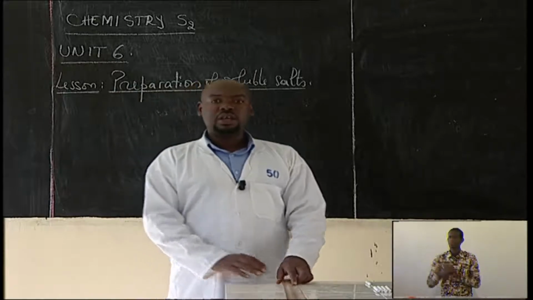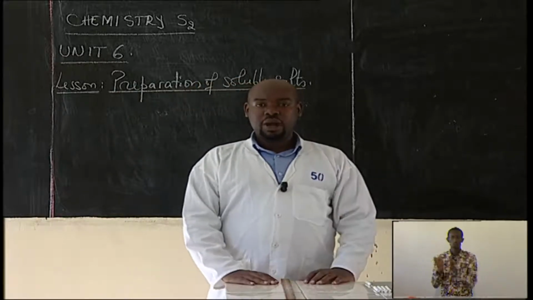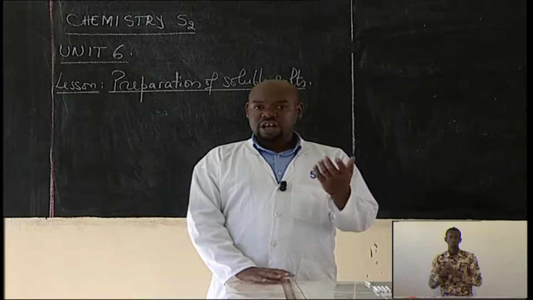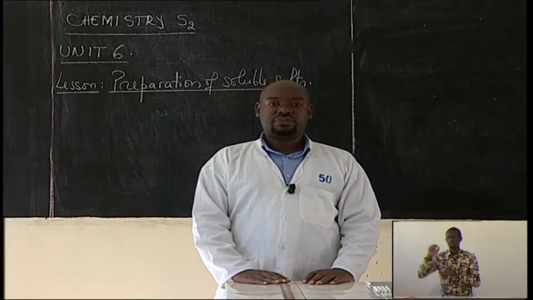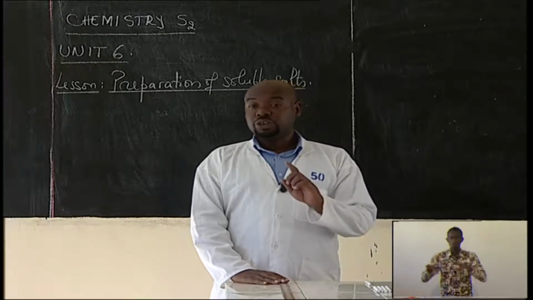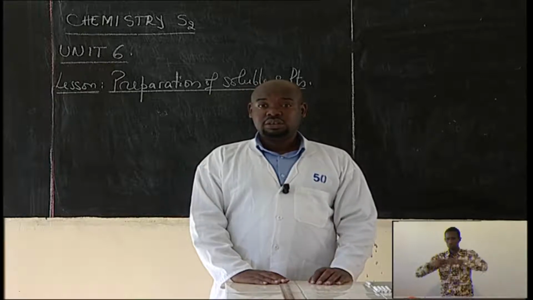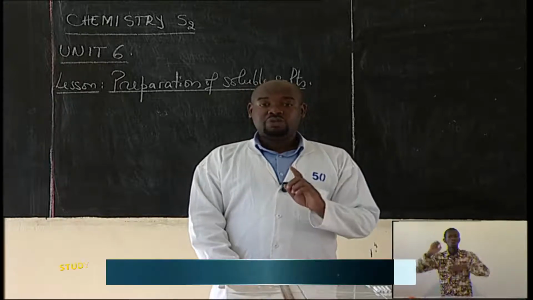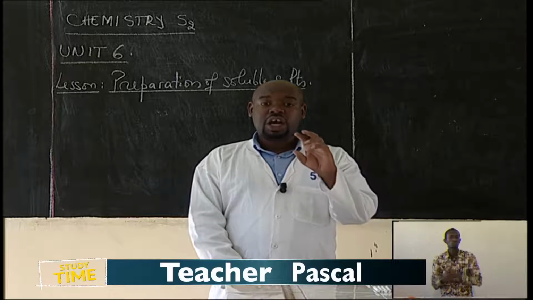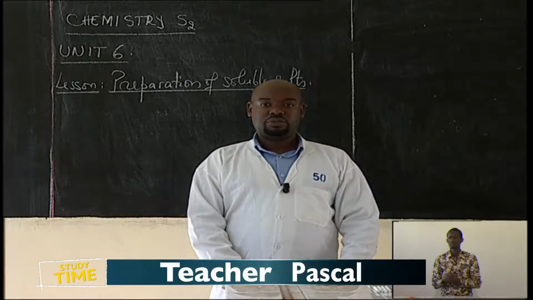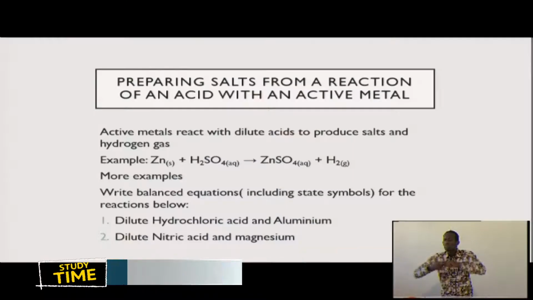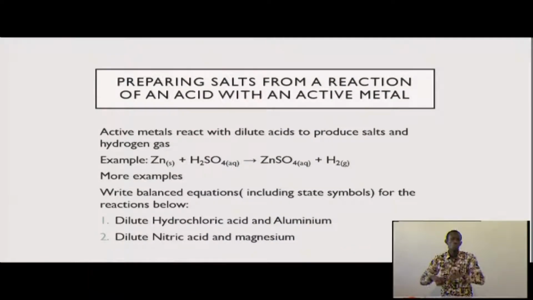Think about the acids you remember that we can use and the active metals we can use. Active metals means what? Active metals means metals which are very reactive, which can react easily with the acids.